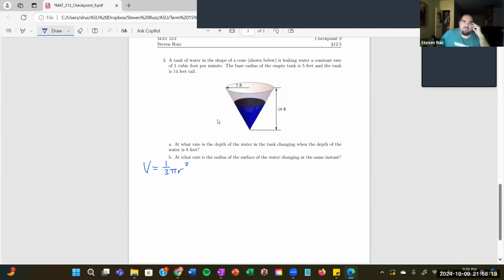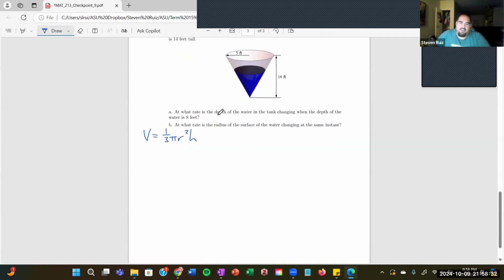But one thing I said as I was working through the problem for part A is that radius and height don't vary independently of each other. They kind of go together. And one big idea that came out of this was I drew this cross-section triangle of this cone.